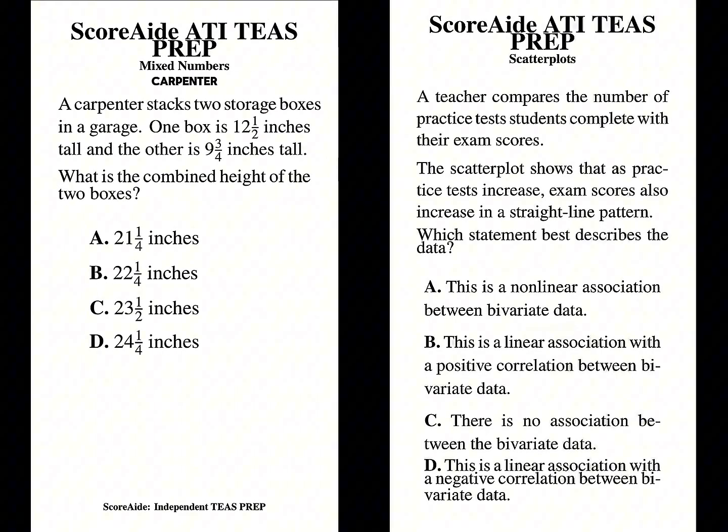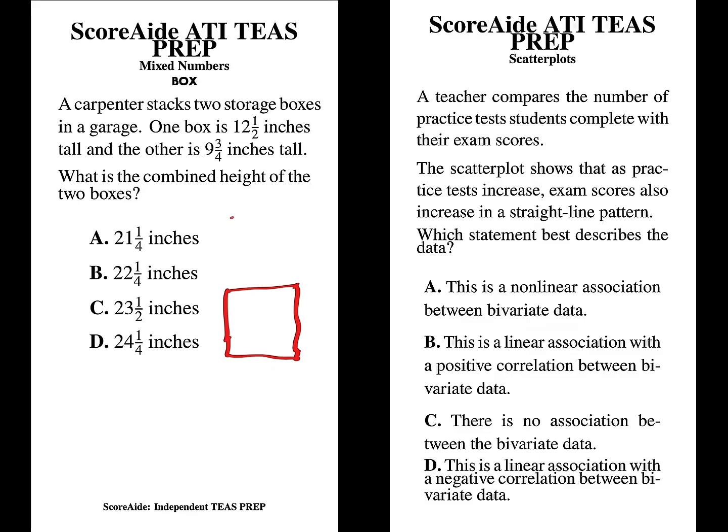A carpenter stacks 2 storage boxes in a garage. One box is 12.5 inches tall, and the other is 9 3/4 inches tall. What is the combined height of the 2 boxes? That means if they stack the boxes all together, what would be the combined height, right? Let me try to visualize this.